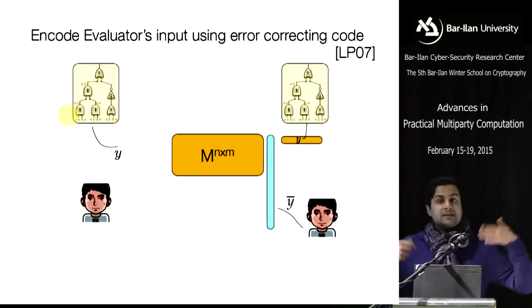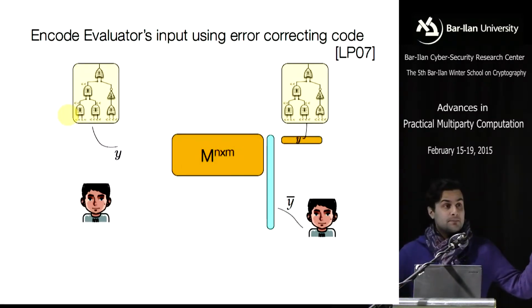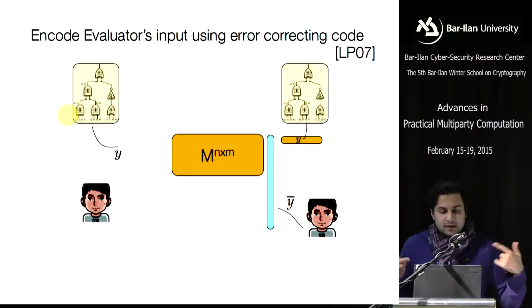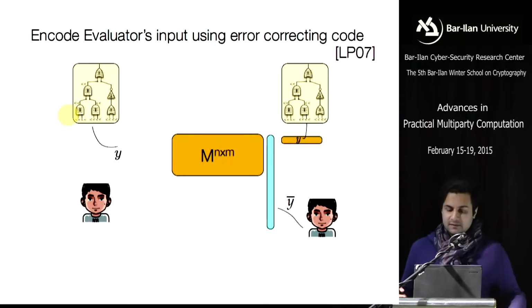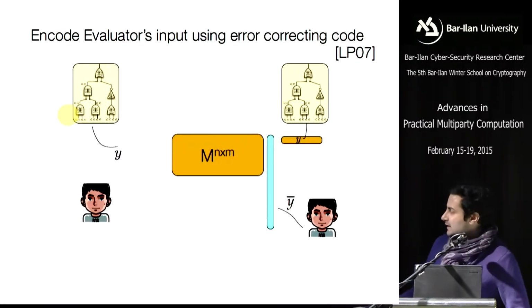And this is again the idea of cut and choose, because we're going to try to encode our input in a way and use repetition in order to try to decrease this error. So how does it exactly work? Bob is now going to pick a new input, y bar. Okay? It's going to be a much longer input than his original input, but only linearly larger.